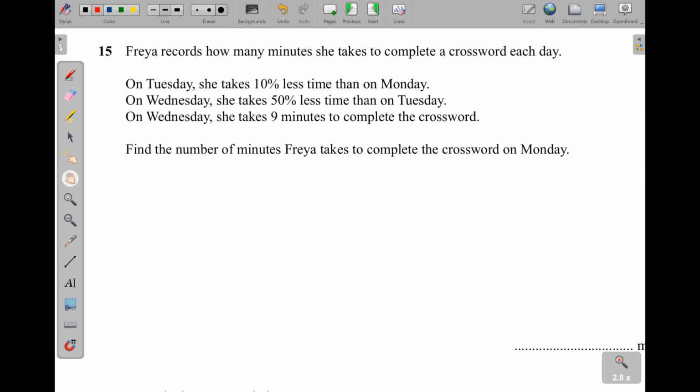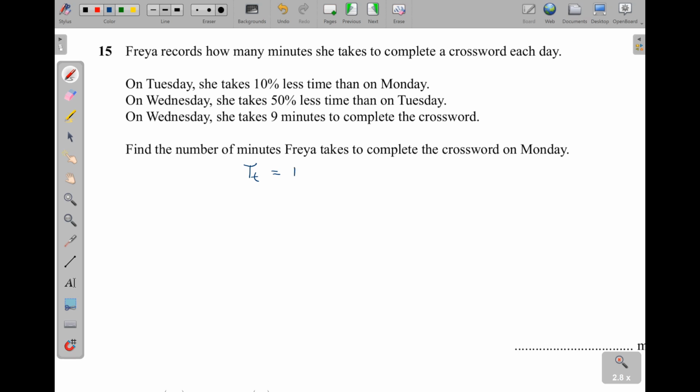So I can say, let the time taken to complete the crossword on Monday be TM. So that means the time taken on Tuesday is going to be, remember, 10% less than that on Monday.